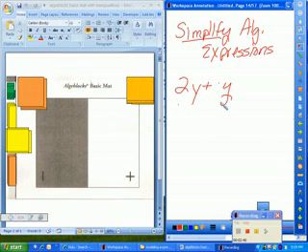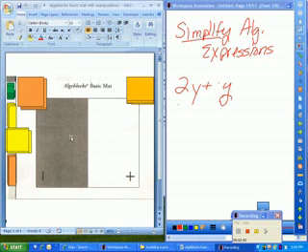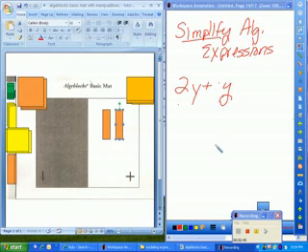So now let's go ahead and make our model. 2y plus y. So I'm going to put 2 y's over here in the positive section of my mat. 2y plus y. So that means that I'm going to add another y. Well, what happens when you have 2y plus y?